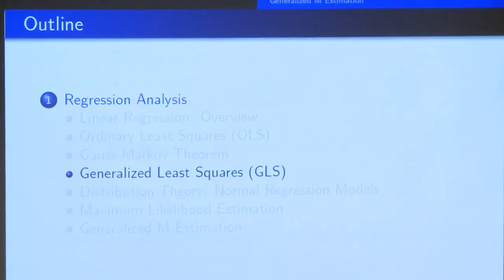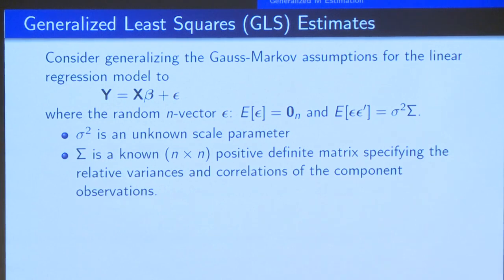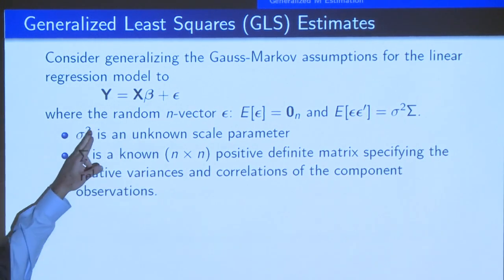All right, so let's now consider generalizing from Gauss-Markov to allow for unequal variances and possibly correlated, non-zero covariances between the components. In this case, the regression model has the same linear setup.